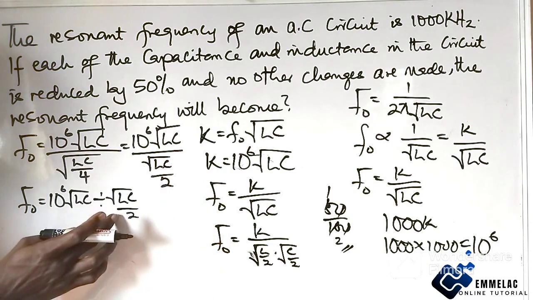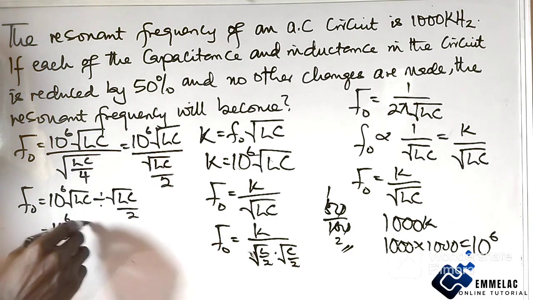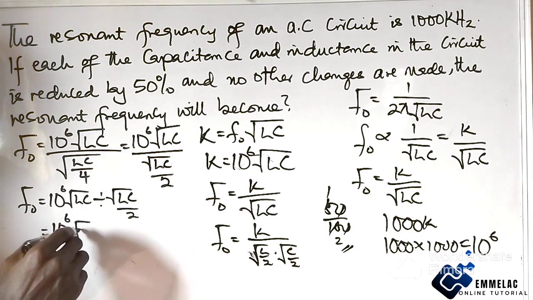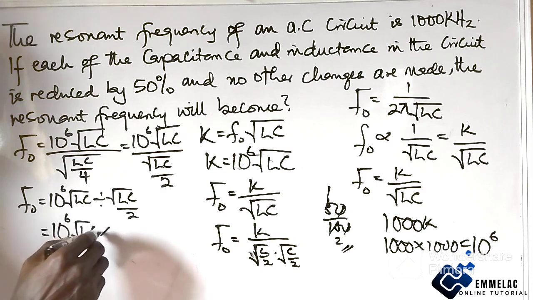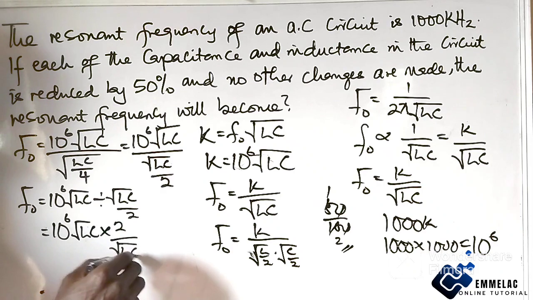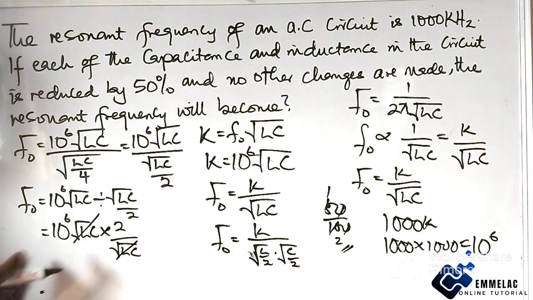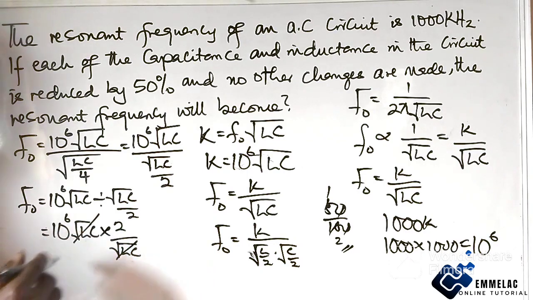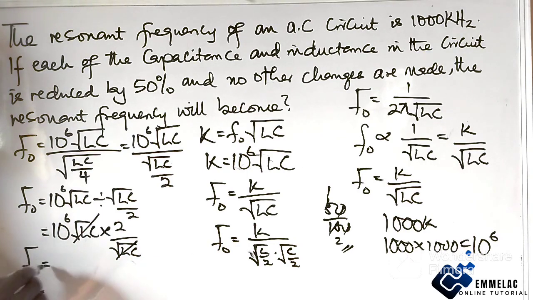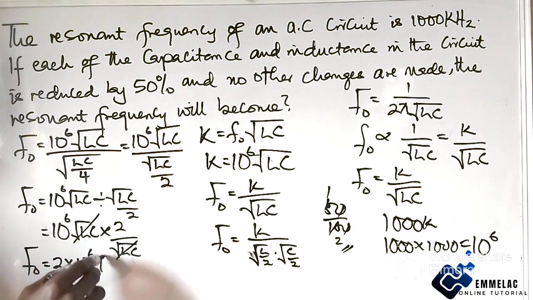Finding the reciprocal, we have 10 raised to power 6 times the square root of LC times 2, all over the square root of LC. So we cancel this, and we are left with this. The resonant frequency will now be 2 times 10 raised to power 6.